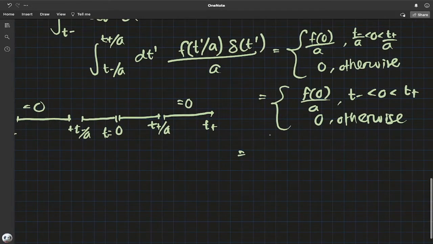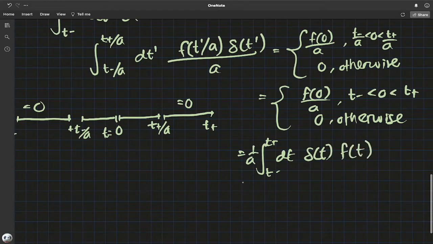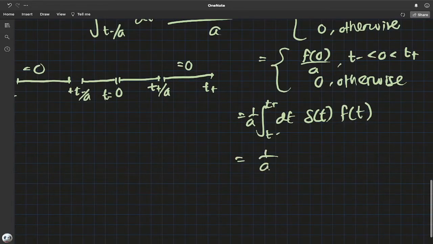And this, believe it or not, is just the integral from t minus to t plus of 1 over a dt, Dirac delta of t, f of t, which is 1 over a.